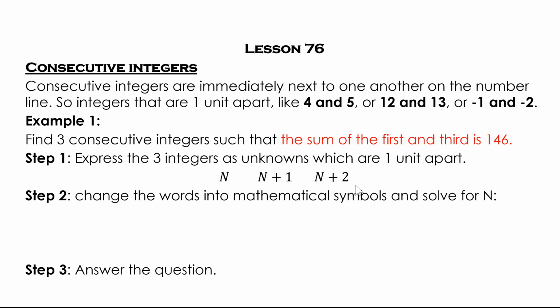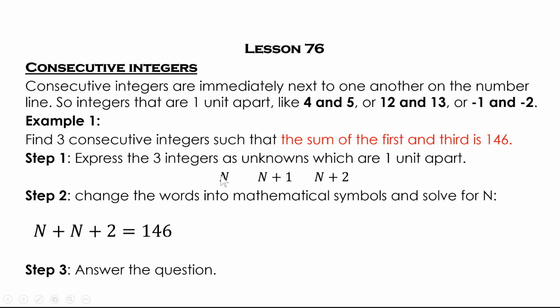All right. So then we have our 3 unknowns, and now we take the information from the problem and write an equation using those words. This problem says that the sum of the first and third is 146. The first is n, the third is n plus 2, so n plus n plus 2 is 146.